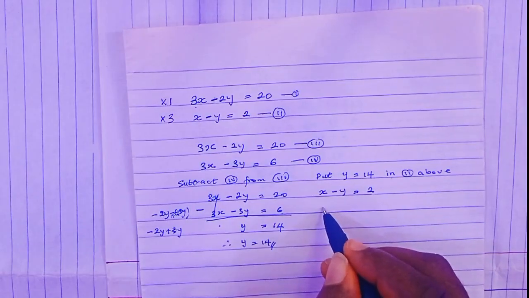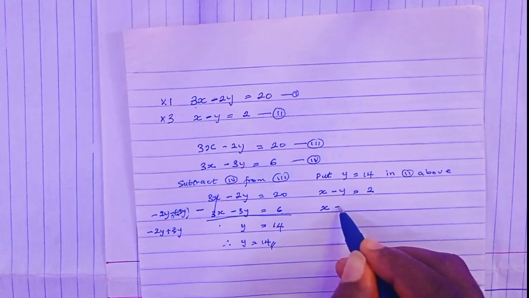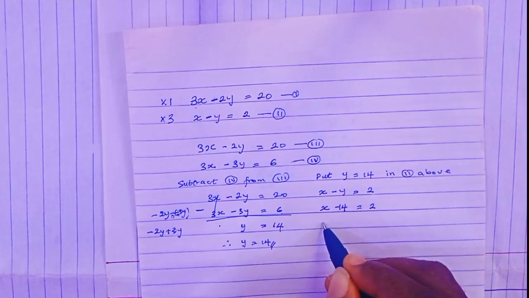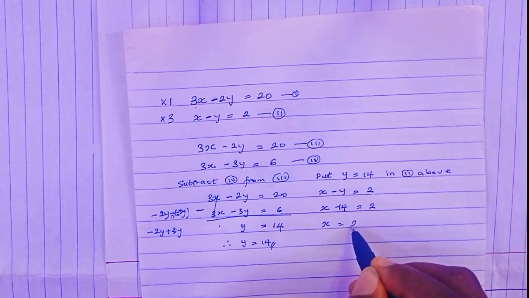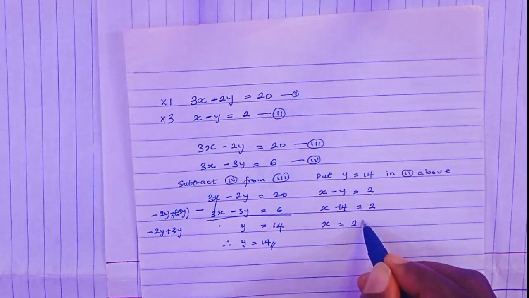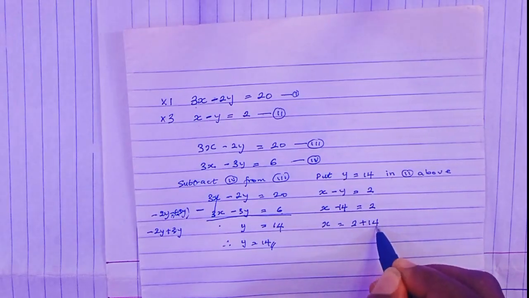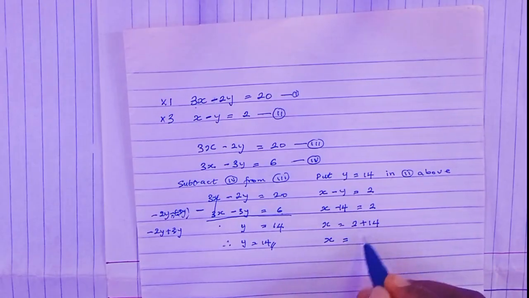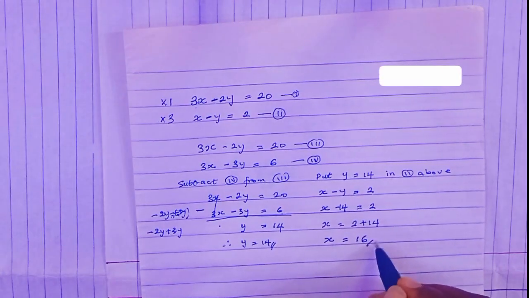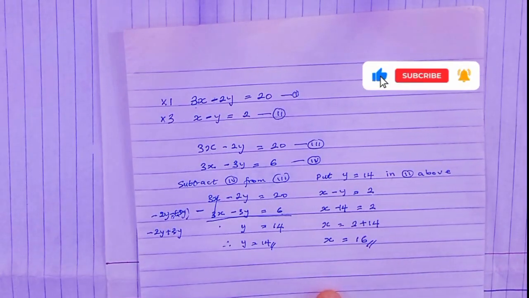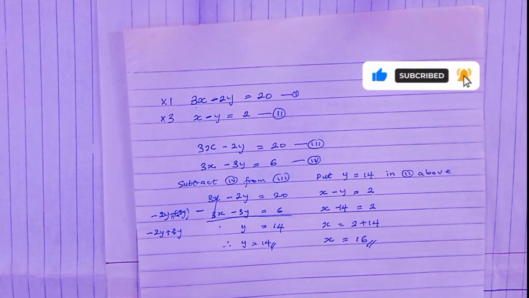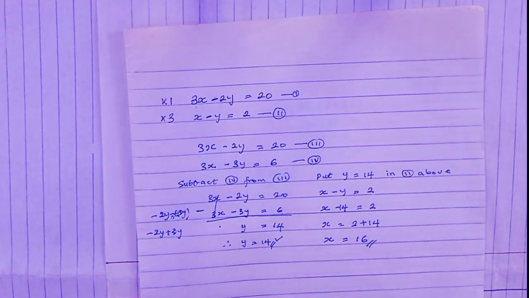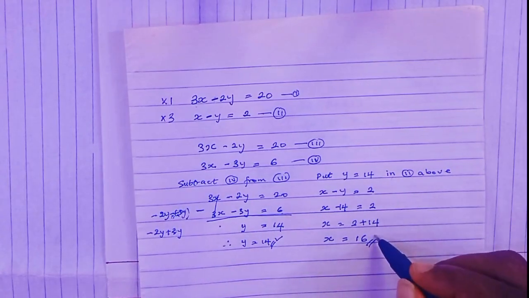So let's substitute for y. We have x minus 14 equals 2. So x equals 2, and the 14 over here will become positive 14. x equals, adding them together, 16. So we have gotten the value of our y as 14 and the value of our x as 16.